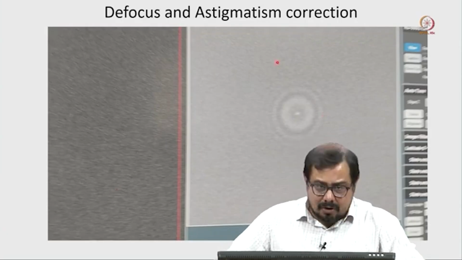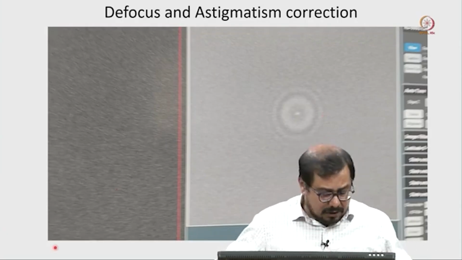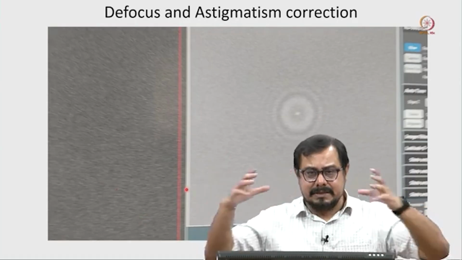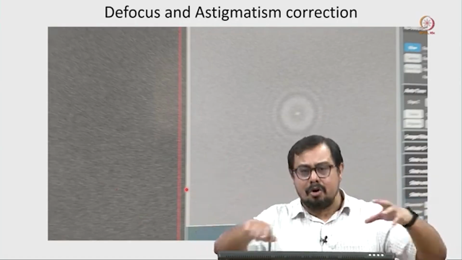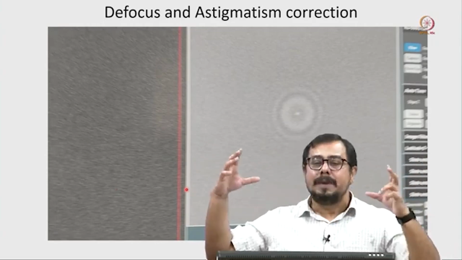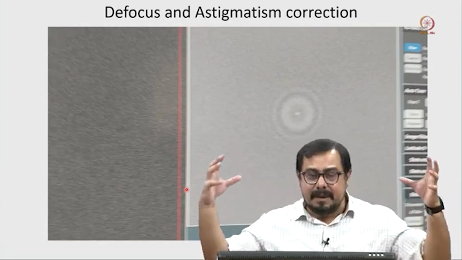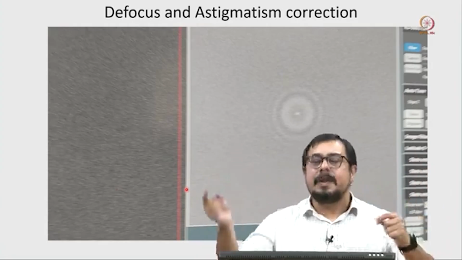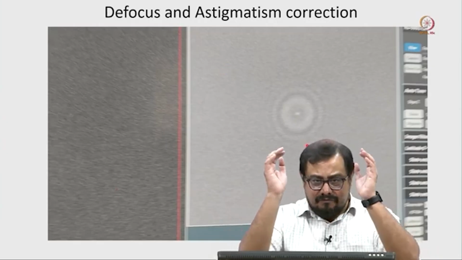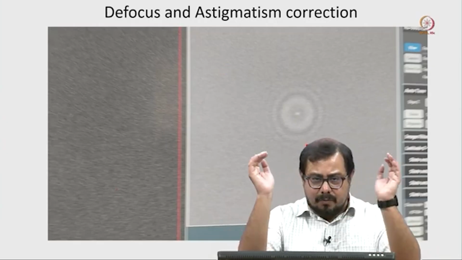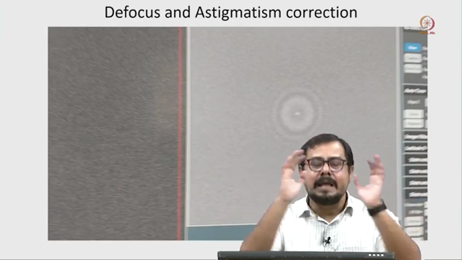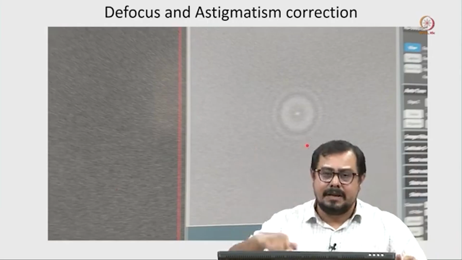So, when we have a very low defocus, you can see the beam is very big, spread all over the screen, and it is a very elliptical beam. At that time it is easier to see whether the beam is really elliptical or not. If we use a very high defocus, this power spectrum will be very centered, so most of the signal will come near the center, and sometimes it will be difficult.